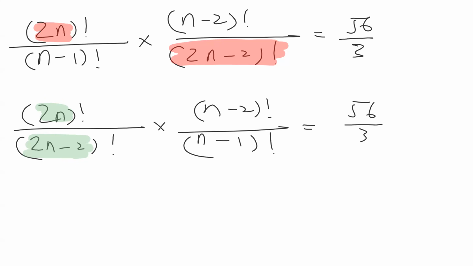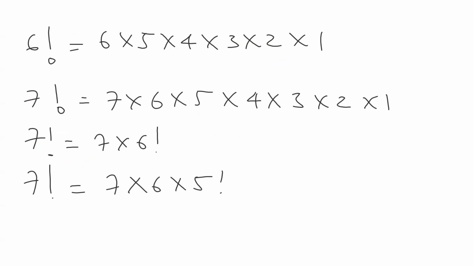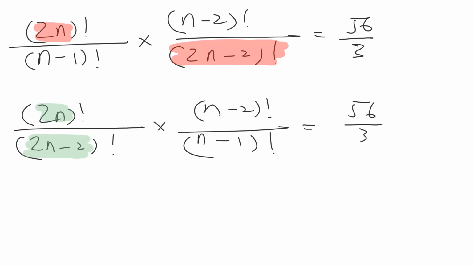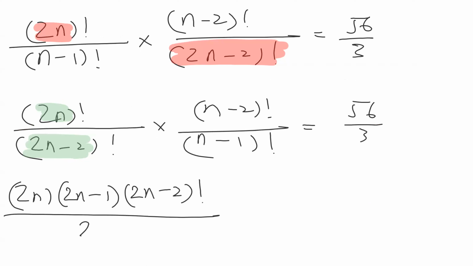The first term of n factorial is n, so the first term of 2n factorial will be 2n. I'll reduce it up to 2n minus 2. So 2n into 2n minus 1, 2n minus 2 factorial upon 2n minus 2 factorial. This and this are getting cancelled.